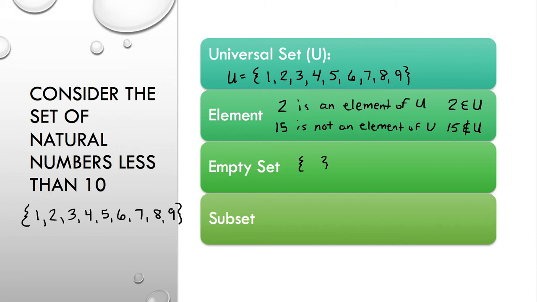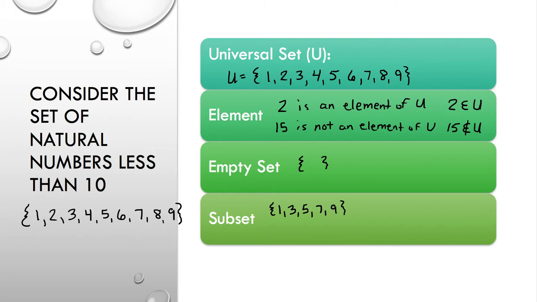When we talk about a subset, we're talking about a smaller group of the universal set. So for example, if I were to look at the set with the odd numbers, so 1, 3, 5, 7, and 9, I could say that that is a subset of the universal set.